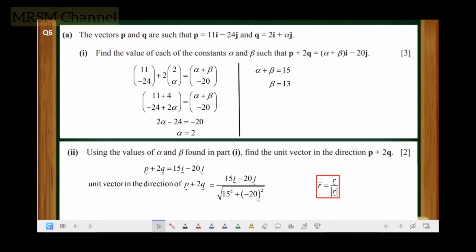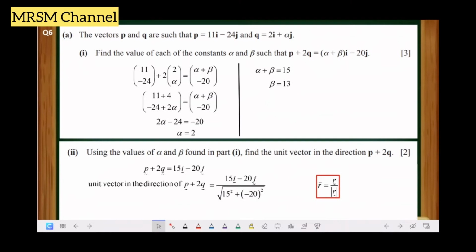Here the teacher wants to remind you: with negative 20, even though when we put it in brackets and square it we get positive, make sure when you show your working you put negative 20, not 20.